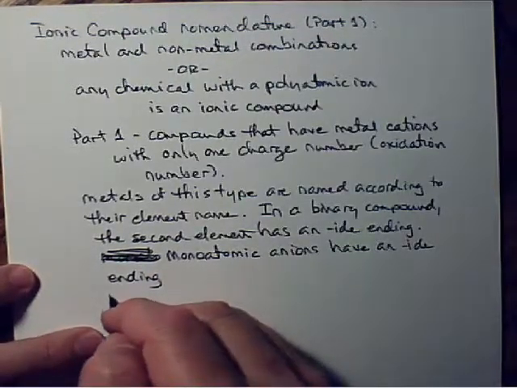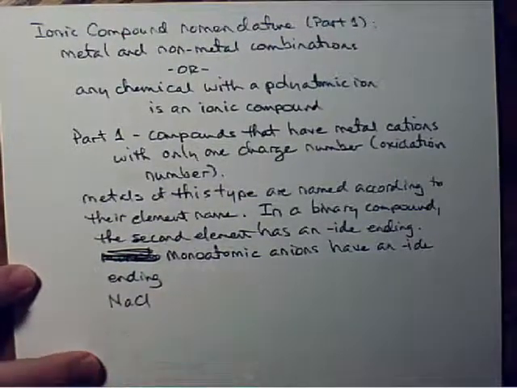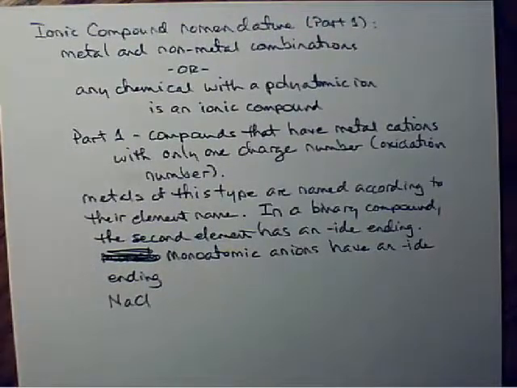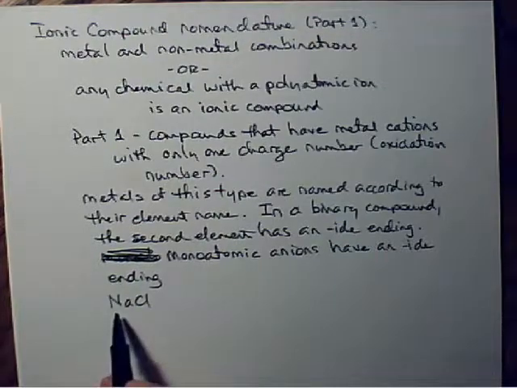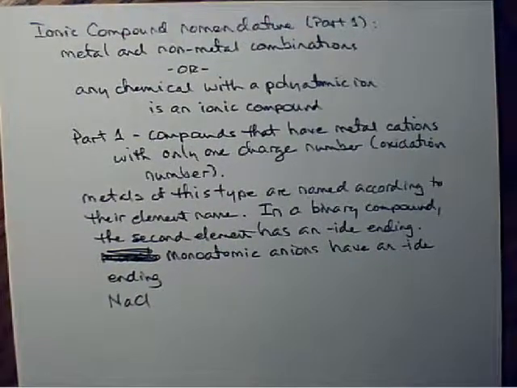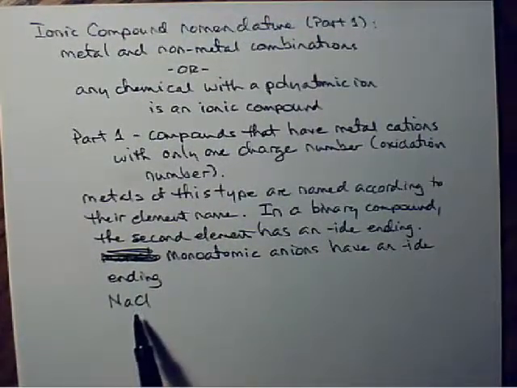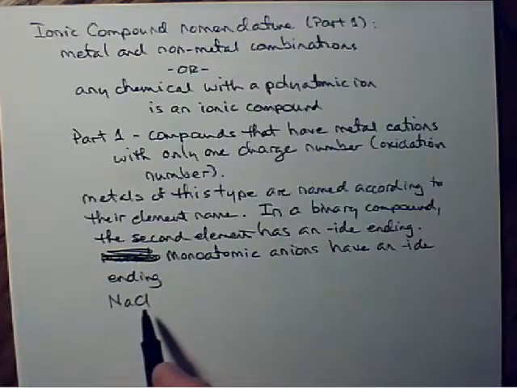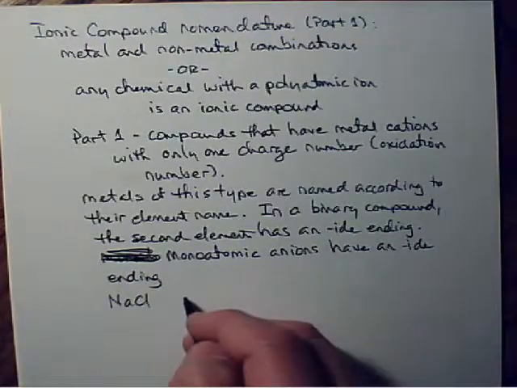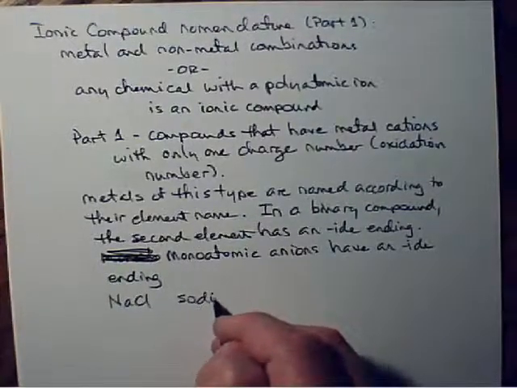So some examples. Sodium is in the first column of the periodic table. That's Na. So you just name it like the element. Chlorine is in column 7A because it's the second element in a binary compound, and because it's an anion, a monoatomic anion, we call it chloride. So this is called sodium chloride.